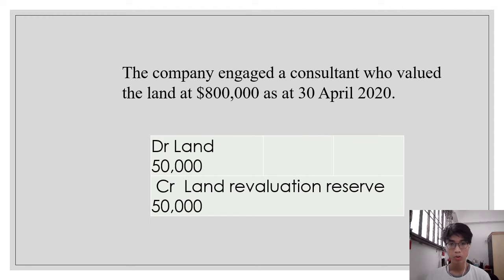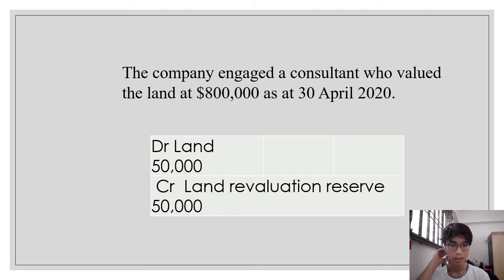The next journal entry will be stated. The company engaged a consultant who valued the land at 800,000 as at 30th April 2020. As this is a revaluation by a third-party consultant, the land has increased by 50,000 as it was 750,000 to 800,000.